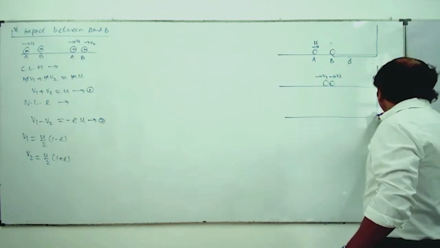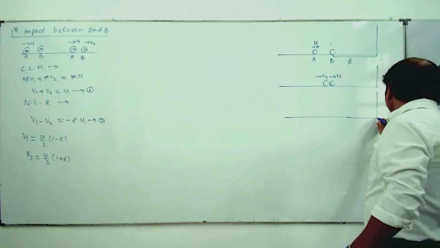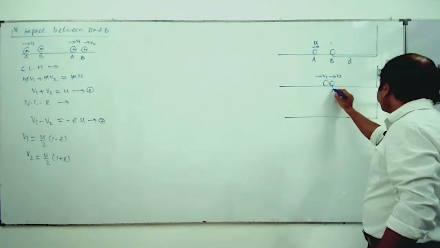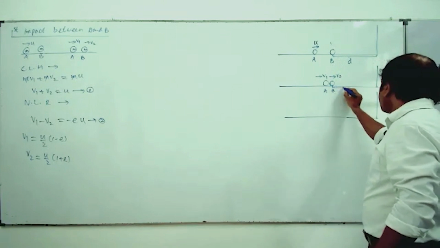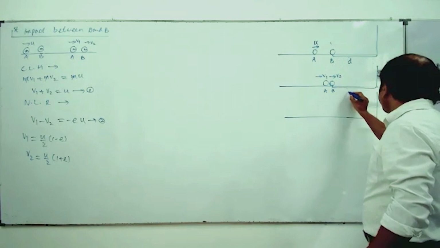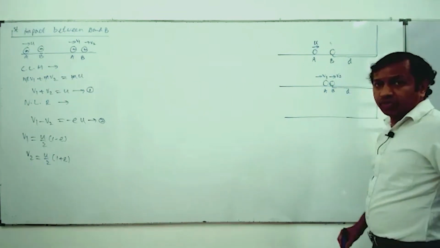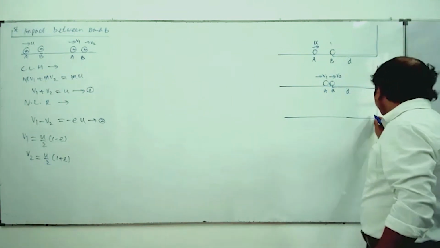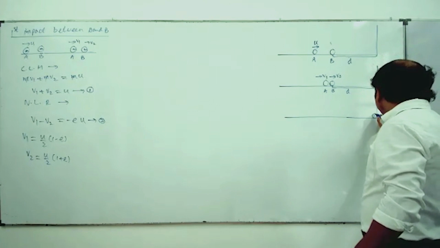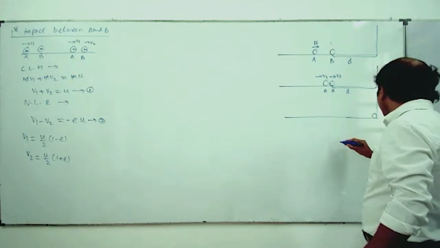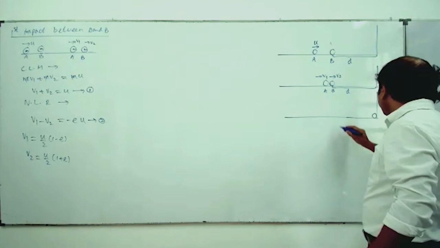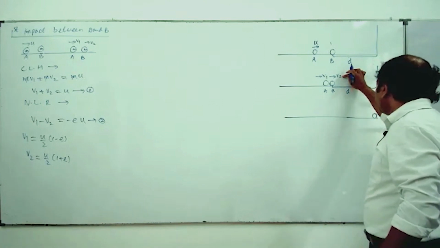Then you can see this B has to move a displacement D to make the collision with the wall. For this, it takes a certain time, right? That time is nothing but the displacement D with velocity V2.